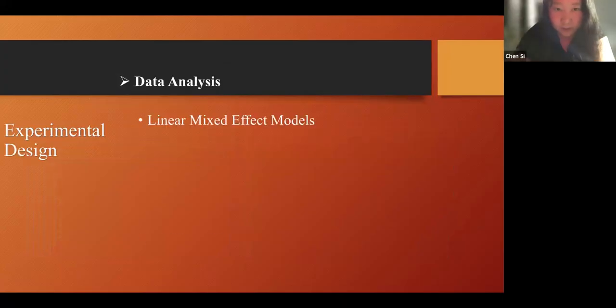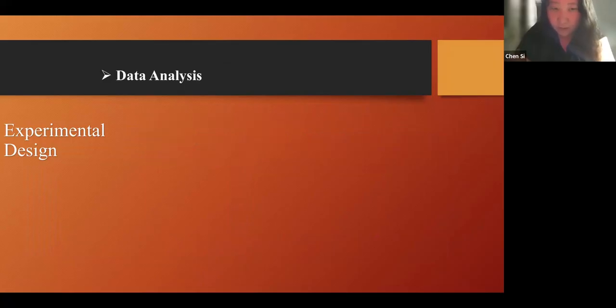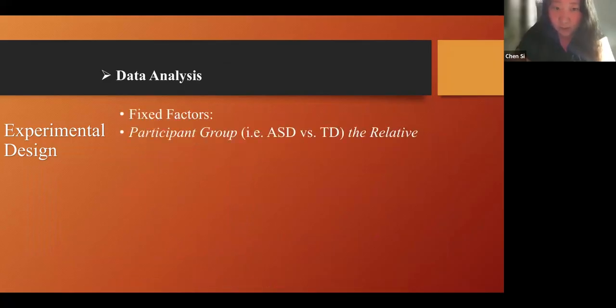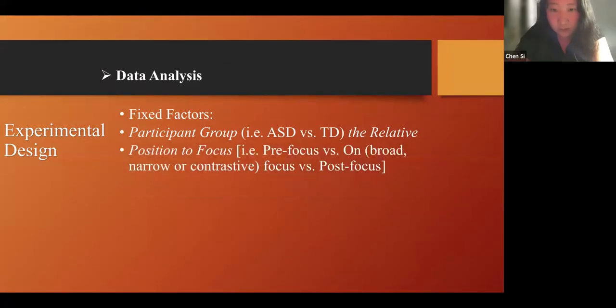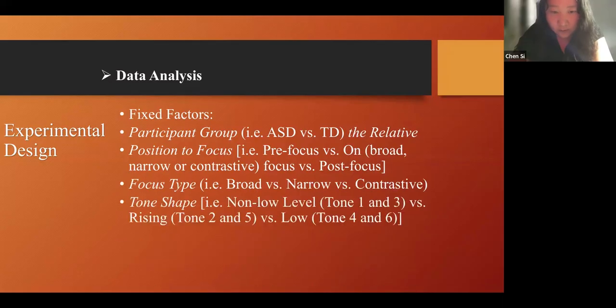And after collecting data, we use linear mixed effects models. So the fixed factors will be the participant group, whether they are autistic or not, the position to focus, pre-focus versus on-focus versus post-focus, and also focus type, as well as tone shape.